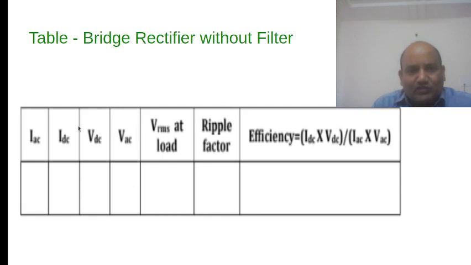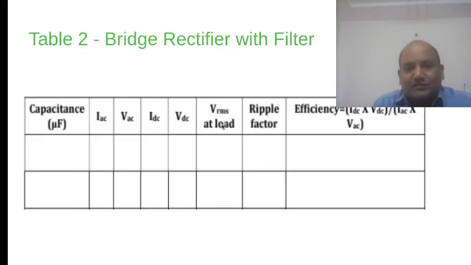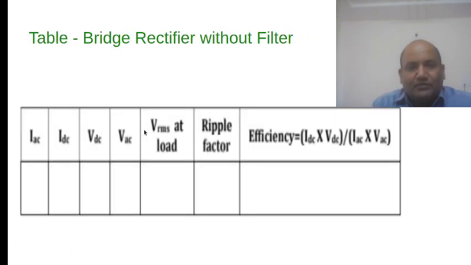This is without filter and this is with filter. This is the without filter. Here in this table you list IAC, IDC, VDC, VAC. So how to get IAC? Just change your multimeter knob to AC mode, and for this you change your meter knob to DC mode.